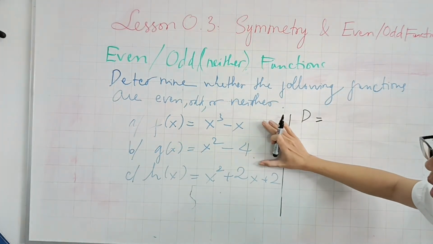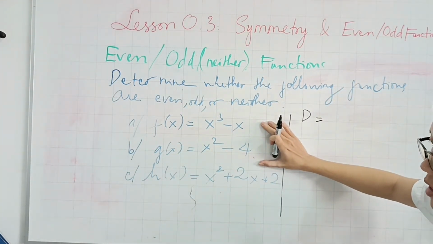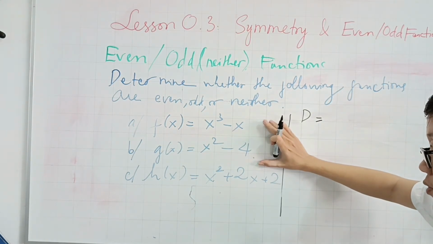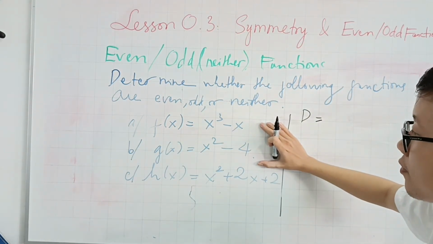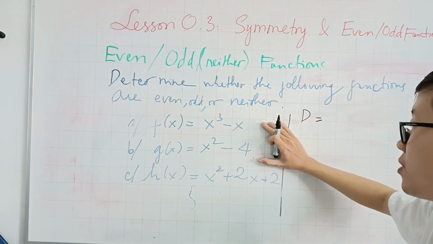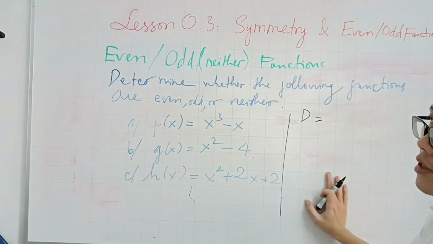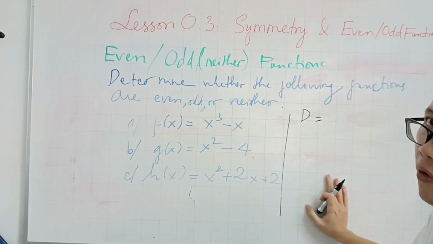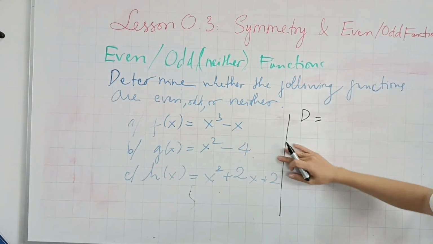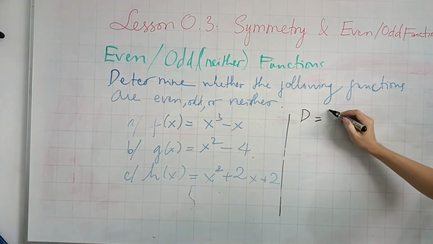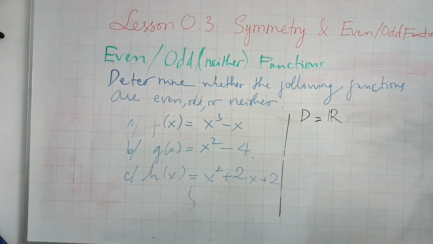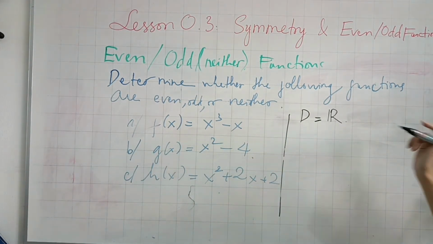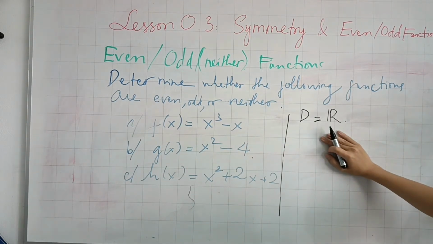So when you learned at secondary school, you know that when the function is a polynomial, the domain of the function is all real numbers. So we write that D equals R. The domain is all real numbers.